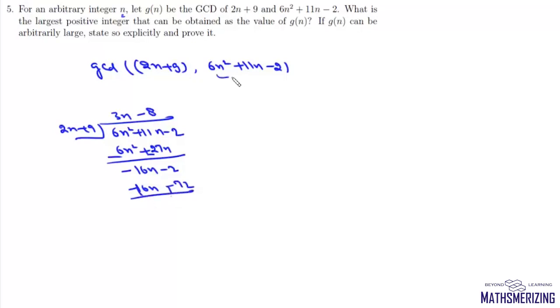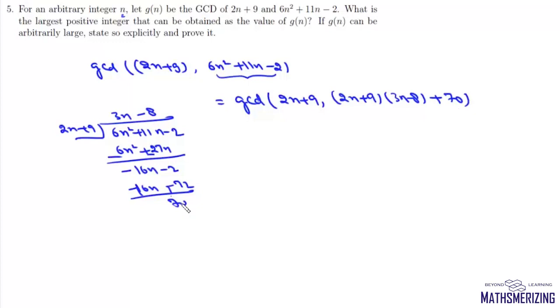Now we can write 6n square plus 11n minus 2 as (2n plus 9) into (3n minus 8) plus 70.